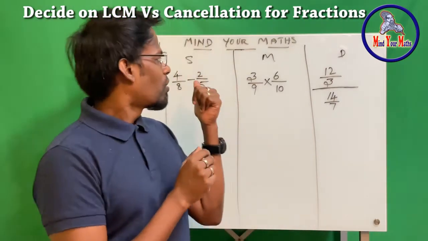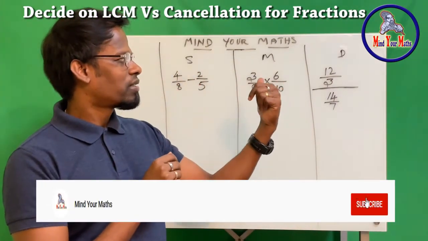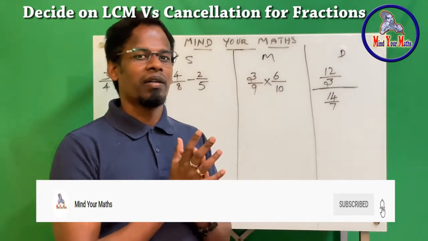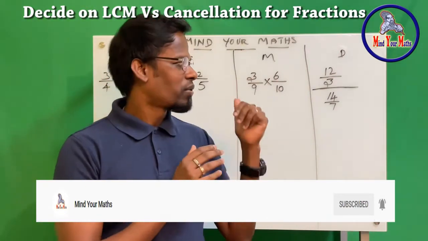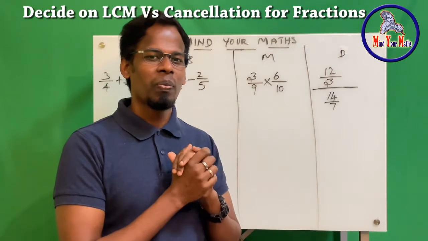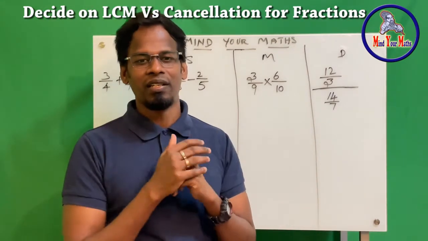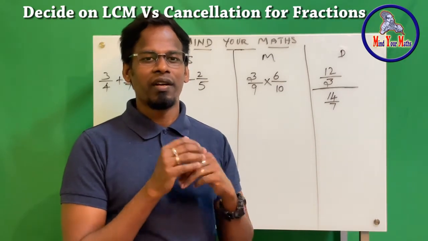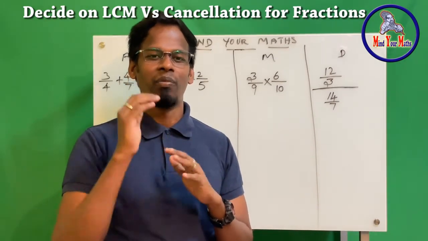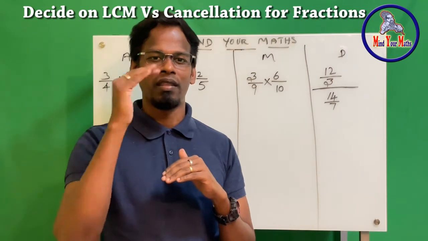I have written all four of them here, and if you're confused, this is going to clarify it for you. When should you take LCM, and when should you use the cancellation method, like using a common number that can divide both the denominator and the numerator?